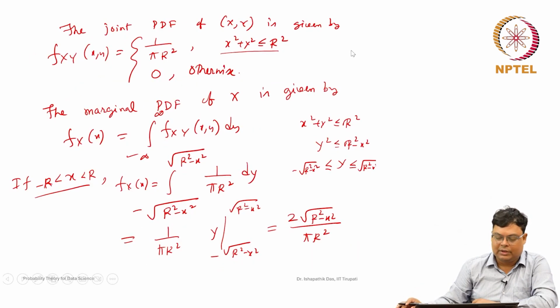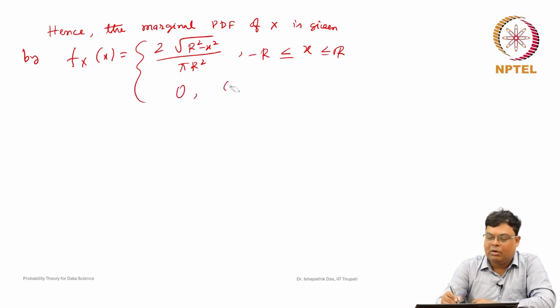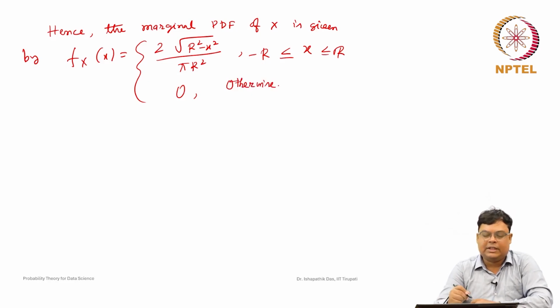Because it is a continuous density, whether you use equal to or strictly less than does not matter; at a point the probability will be 0. And it is 0 otherwise. Hence the marginal probability density function of x is f of x equal to 2 root over r square minus x square by pi r square when x is greater than or equal to minus r and less than or equal to r, and 0 otherwise.